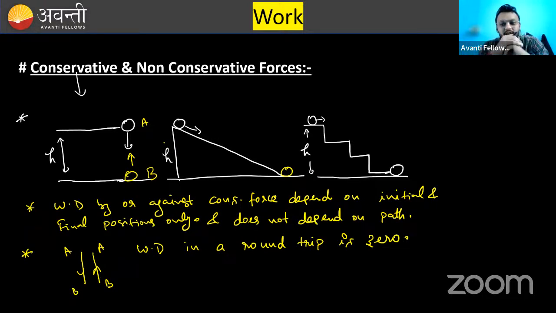That means mechanical energy will remain conserved. Are you getting my point? So in the presence of conservative forces, mechanical energy may remain conserved if I ignore other factors, but due to the conservative forces, there is no loss of mechanical energy.